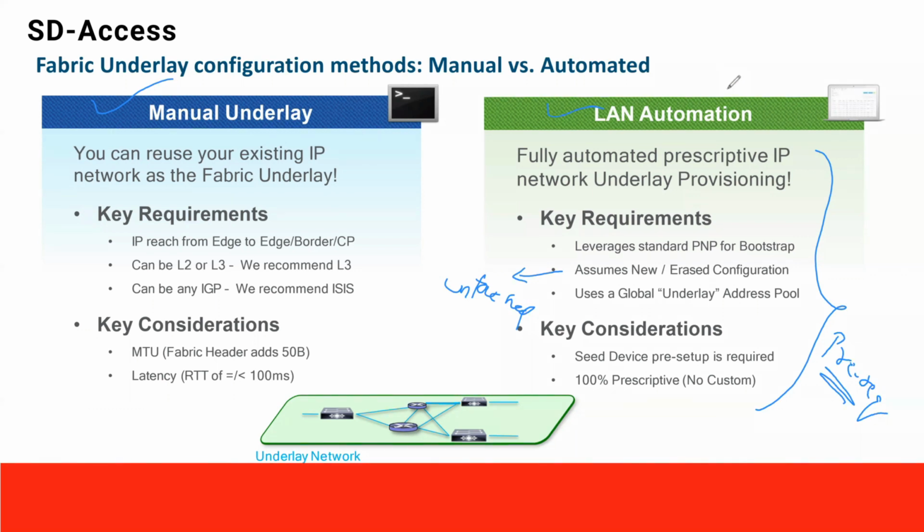You can perform this LAN automation on a device to device basis as well. You can form this using manual underlay and depend on this using LAN automation, whatever is feasible in our situation, we can follow that. So this is all about the manual underlay and the LAN automation underlay part.